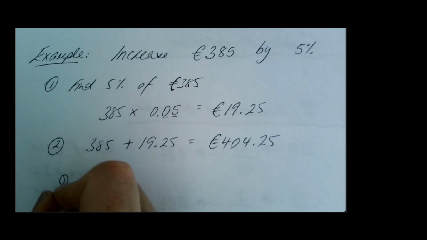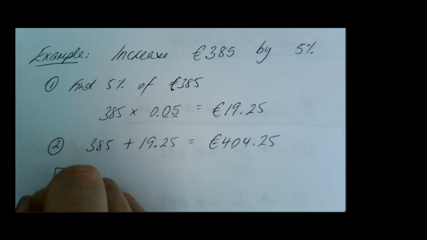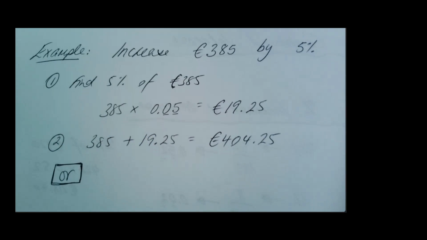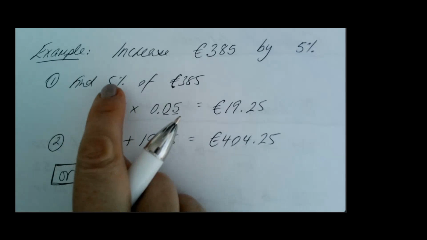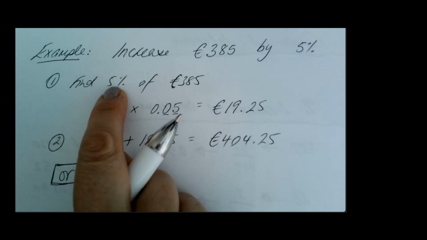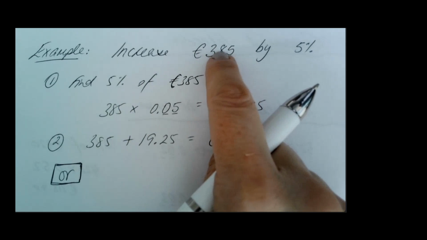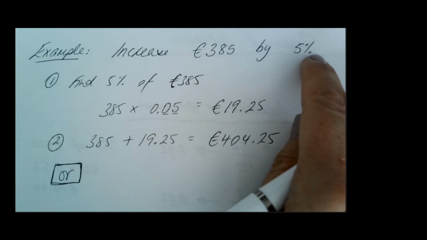Now, what I want to do here is show you another way of doing that percentage increase question. A quicker way of doing that percentage increase question, all right? If you want to increase by 5%, you are basically looking for this amount with 5% added on.